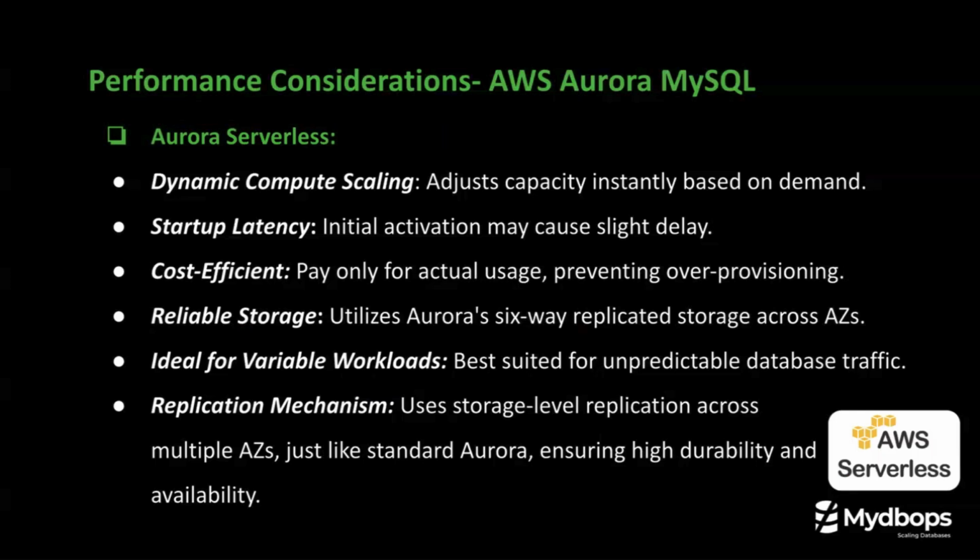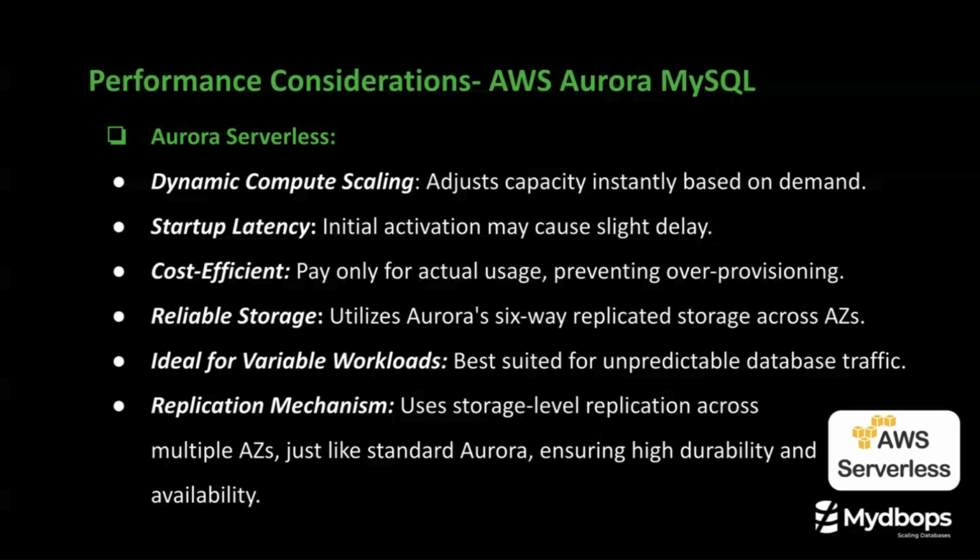Aurora Serverless inherits Aurora's highly durable storage architecture. That means your data is replicated 6 times across 3 availability zones for reliability. Even if an instance shuts down, the data remains intact and a new instance can spin up as needed. For high availability, Aurora Serverless doesn't rely on traditional failover mechanisms.